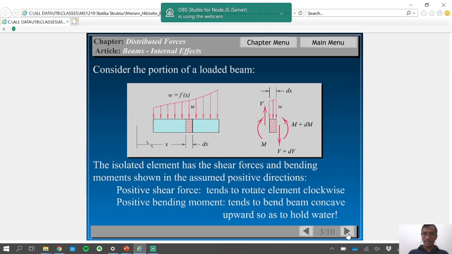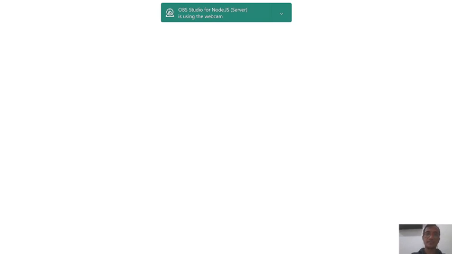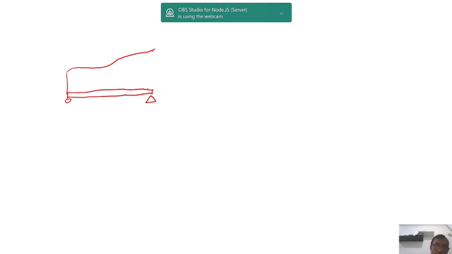Then this is it. If we want to see a particular structure, for example, if there is this kind of structure and it's under distributed load, random distributed load, something like this.